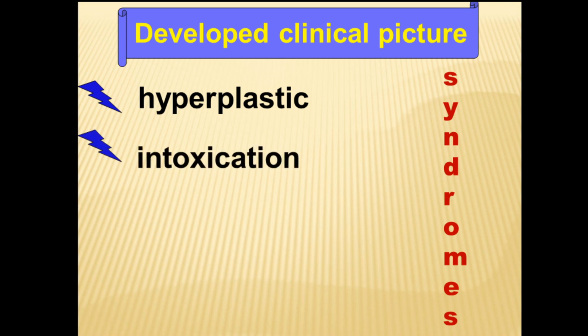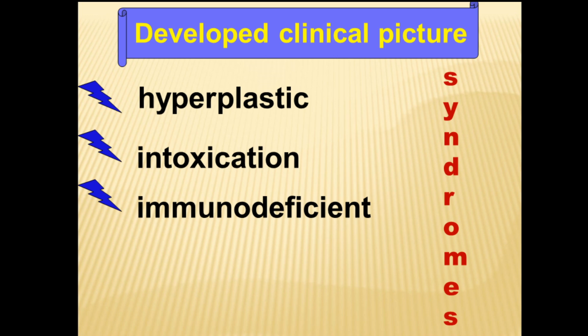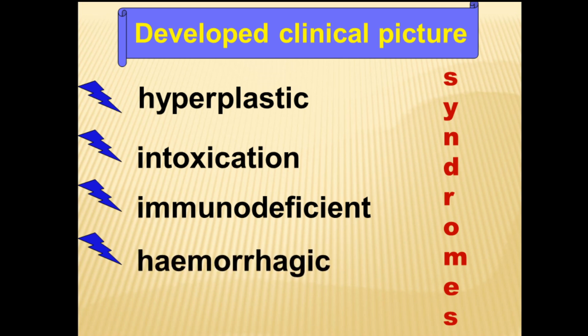Then intoxication, because abnormal elements, not maturated cells, circulate in the organism. Immunodeficient, due to affected activity of white blood cells. Hemorrhagic, due to decreased activity of platelets, and anemic, due to decreased activity of red blood cells. If you remember these 5 syndromes, you can very easily explain the clinical picture of leukemia.